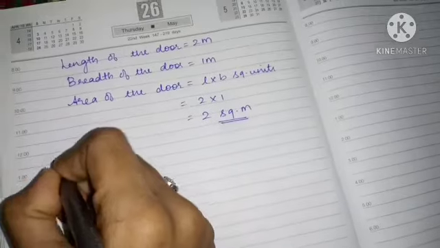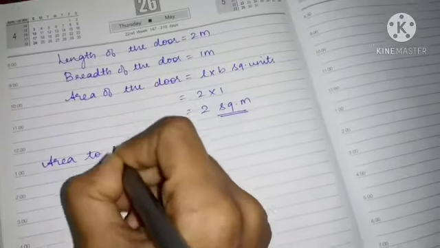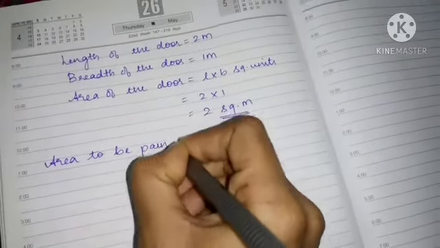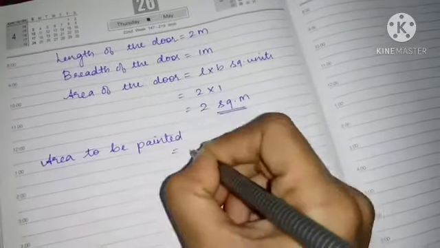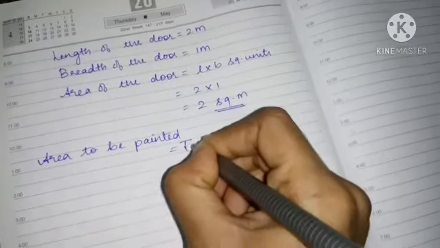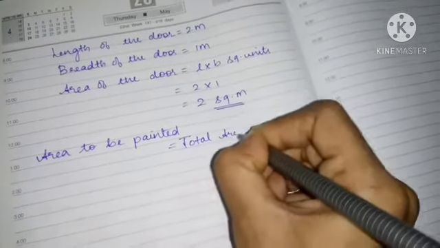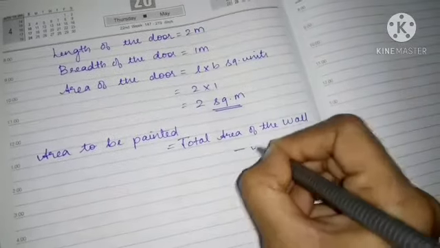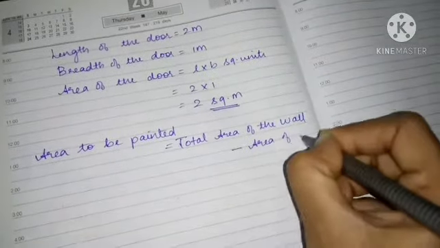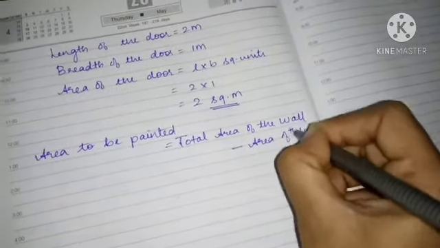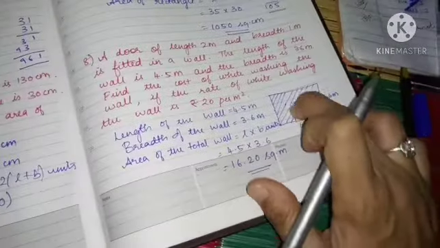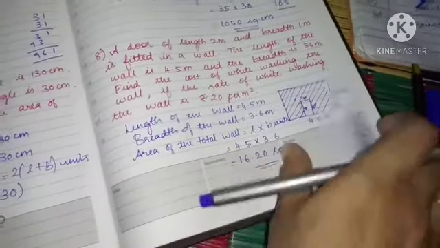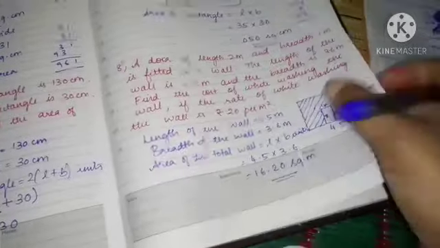Now area to be painted. How will you calculate it? Area to be painted is equal to total area of the wall minus area of the door, correct? If you subtract it, you will get the area to be painted.